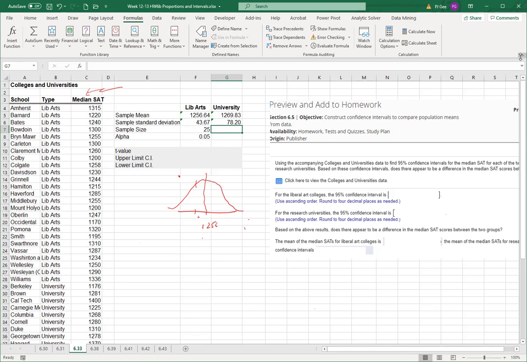It's only 43, let's just call it 44. So the standard deviation rounded up to 44 is not very large. In other words, 44 by 1256. Before, the coefficient of variation was pushing 50%, and here it's about 3%.